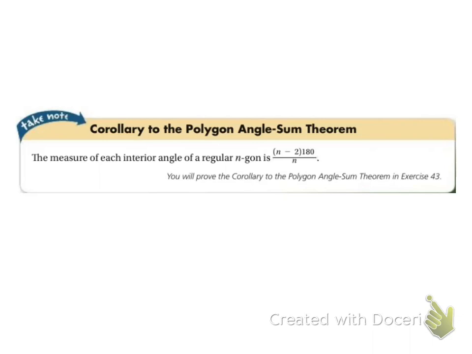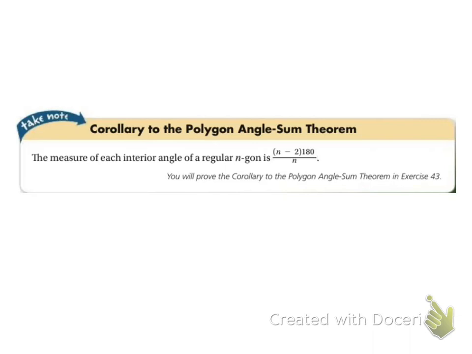Okay, the corollary to the polygon angle sum theorem. The measure of each interior angle of a regular n-gon is n minus 2 times 180 divided by n. So the key thing here is a regular n-gon. Remember we just said that a regular polygon is equiangular. All the angles are congruent.